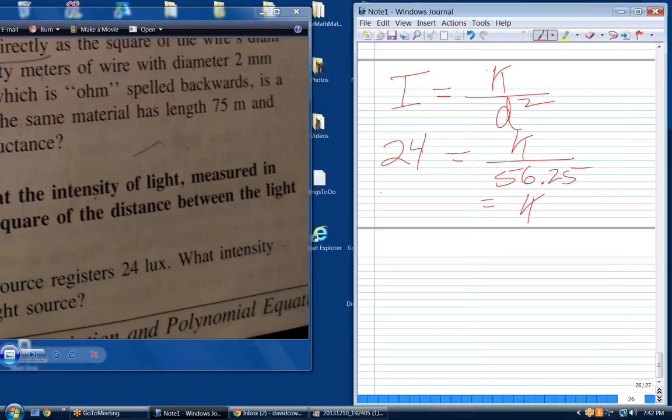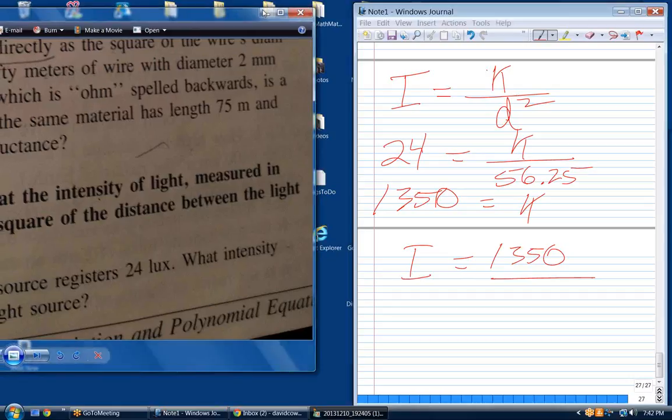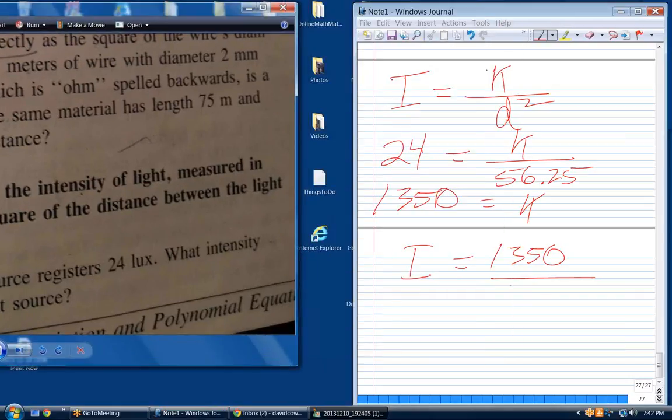And then the final answer is 1,350 for K. So then you get I equals 1350 divided by D squared. What intensity? So I equals 1350 divided by 225, which is 6.